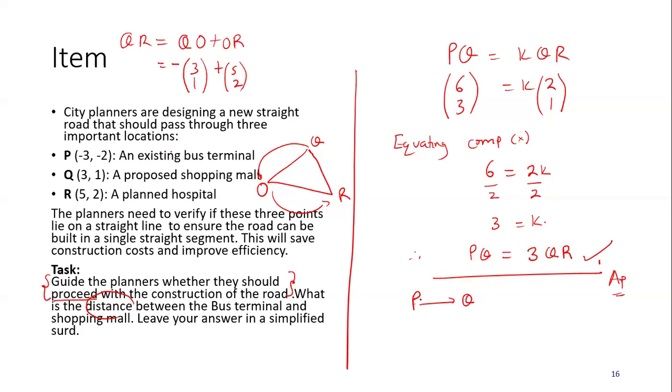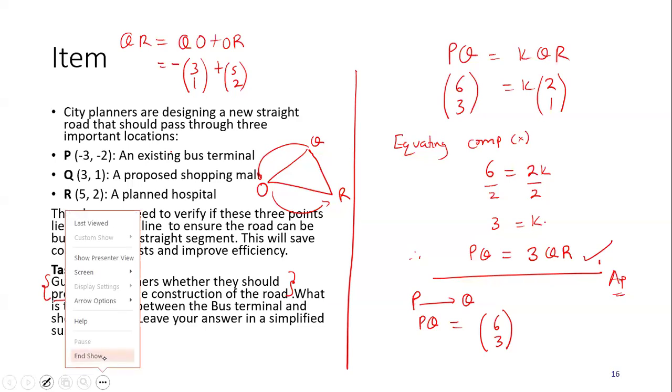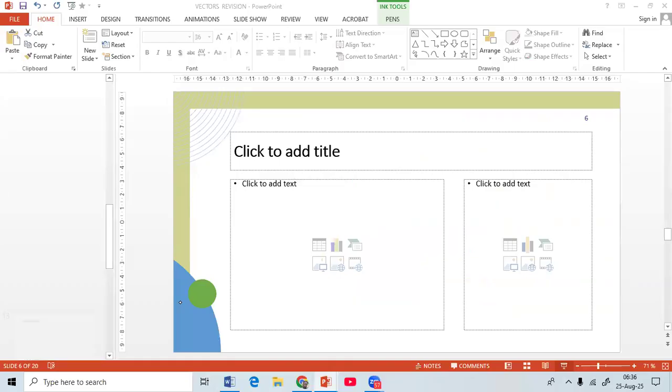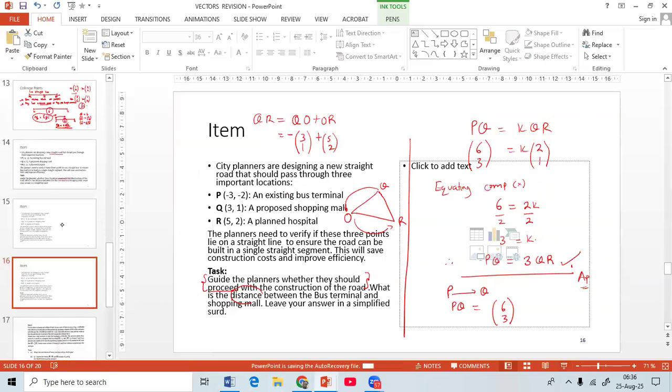So the good thing is we have already obtained our PQ. We had it as 6, 3. That is where we are going to start from. So allow me to first create some slide here.